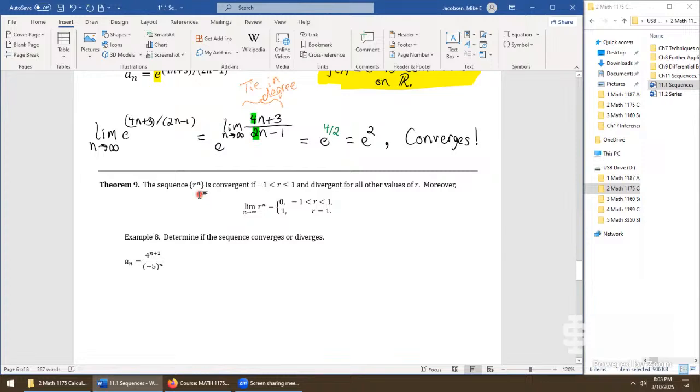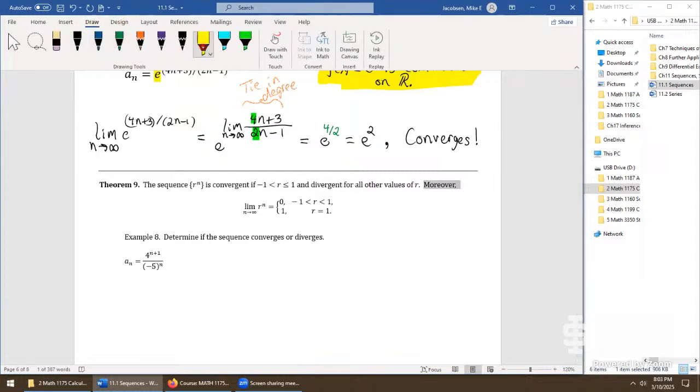Kind of strange when you think about all those conditions all together so far. Divergent for all other values of r. And this theorem doesn't just tell us when it converges and when it diverges. It gives you the actual values it would converge to as well. It says, moreover, here what we're taking is the domain where it converges and just splitting it into two cases.